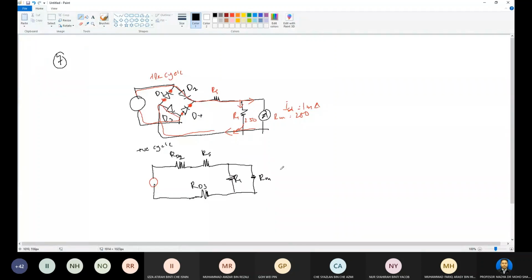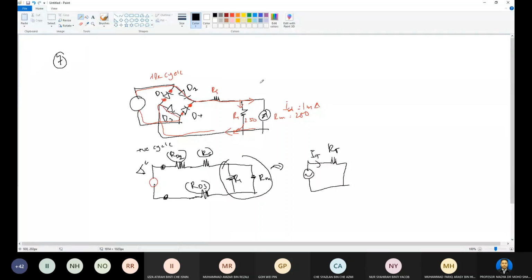You can convert this circuit to calculate RT, the total resistance, with the supply to get the current IT. From this point to this point, RD1 and RD2 are in series with RS, plus the parallel of R1 and RM, and then in series with RD3.